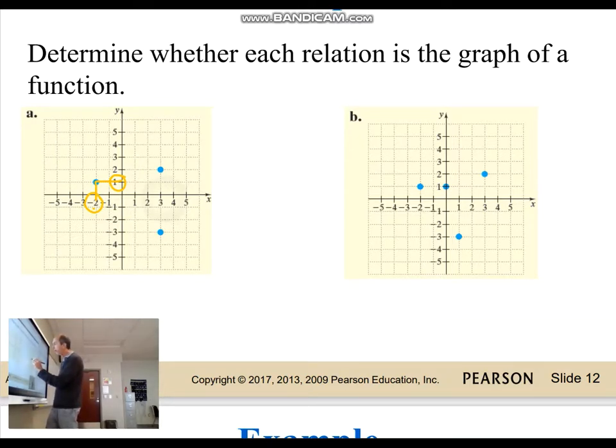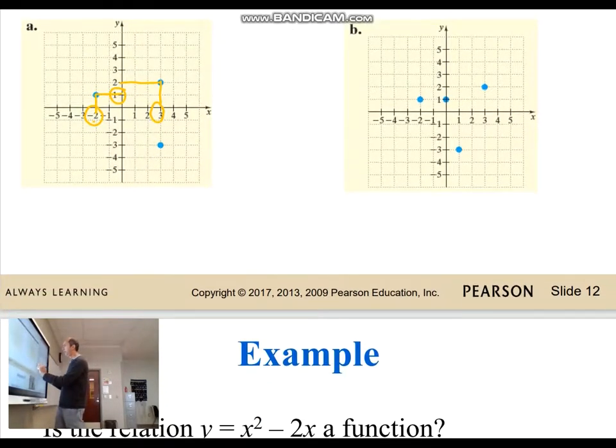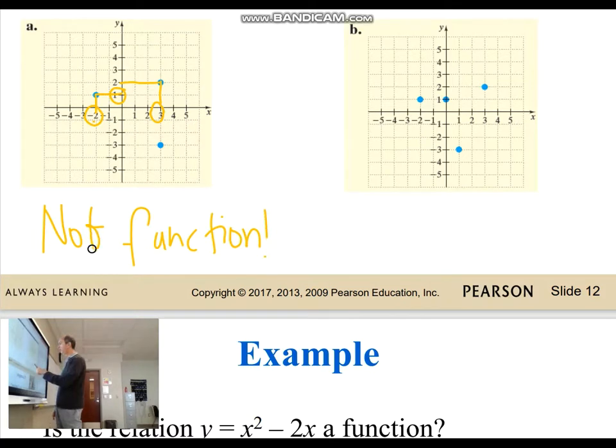Now, for x equals 3, you're going to have y equals 2 and y equals -3. That means for one x, you will have 2 y's. That means this is not a function.